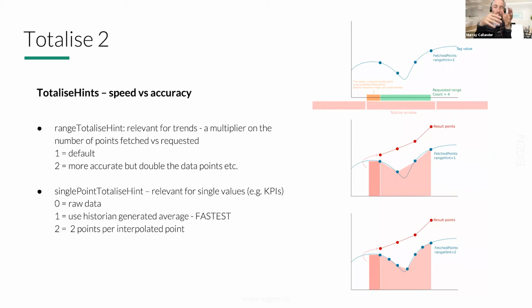So rather than pulling the points and then trying to totalize them, we use an average for a previous period, which gives us an extremely quick and pretty accurate estimate. But you can also ask it to use raw data or some other number of raw points per interpolated point. So that gives you a bit more control over how fast you want the number to return versus how accurate you want it to be.